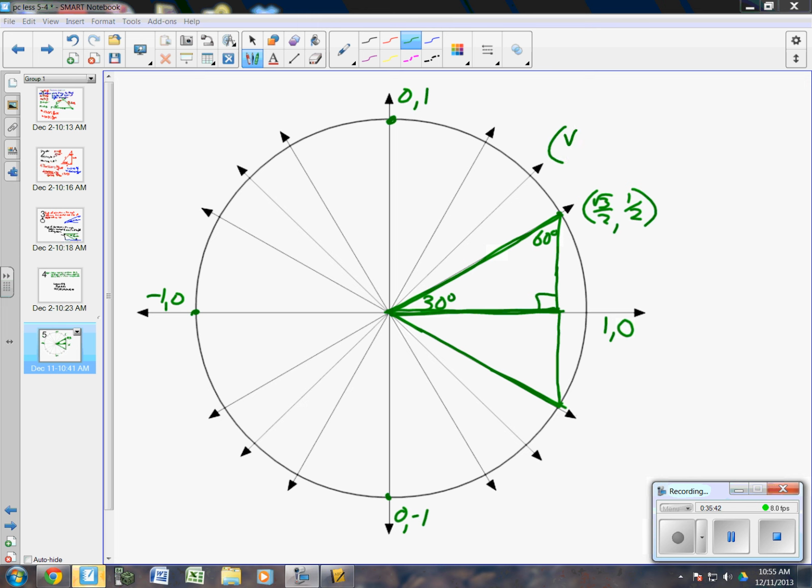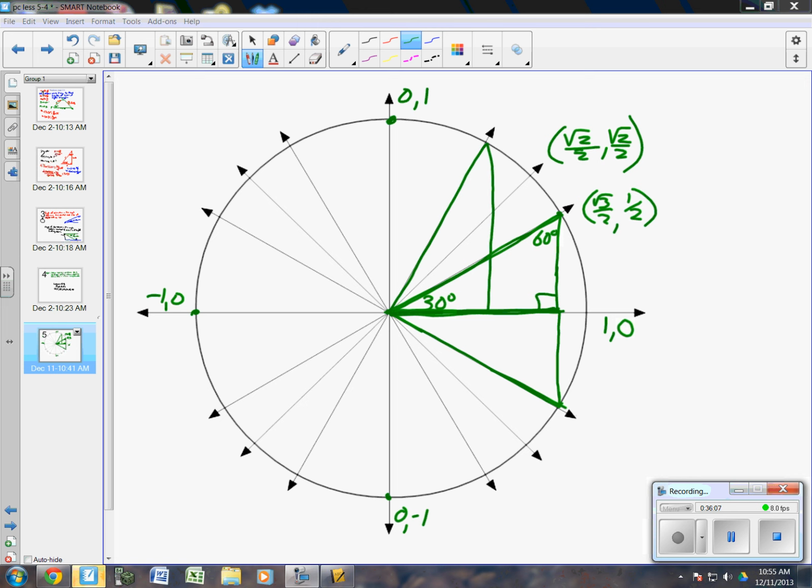I also showed you how this one right here is square root of 2/2, square root of 2/2, right? Now, if you just know those two, the rest of them are all the same except for the signs. And you got to know when to flip them. Instead of this one being a 30, 60, 90 degree triangle, it's still a 30, 60, 90 degree triangle, but it's been turned.